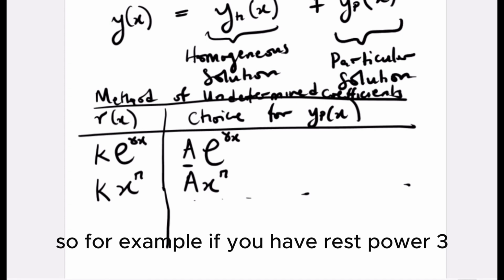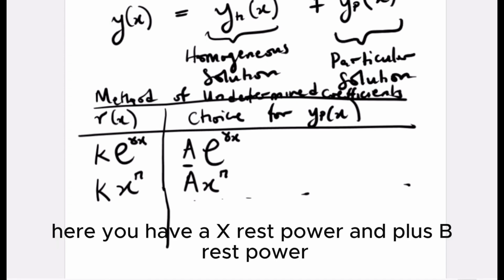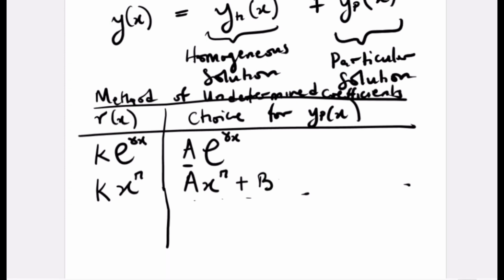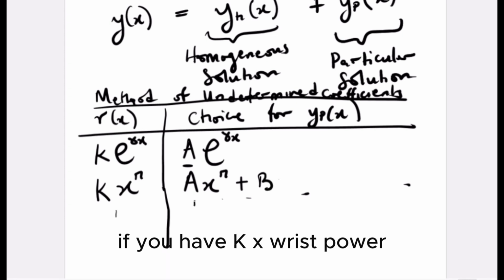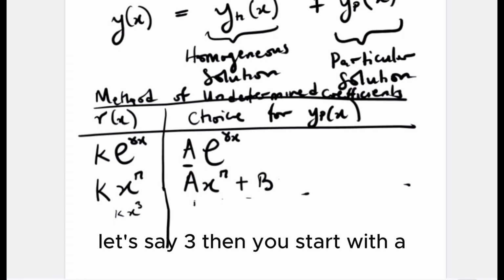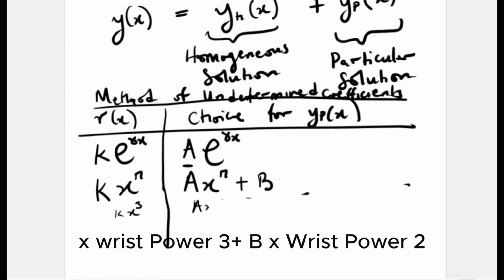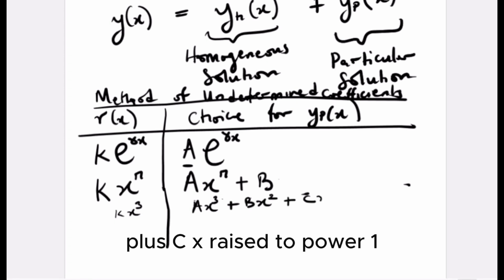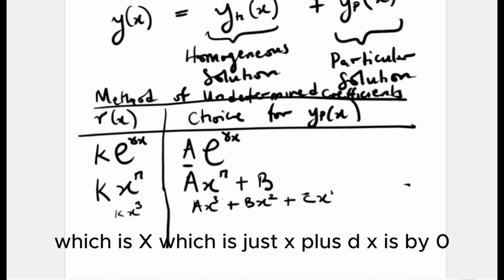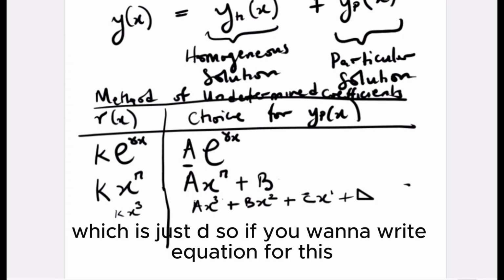For example, if you have k x raised to power 3, then you start with a x cubed plus b x squared plus c x raised to power 1, which is just x, plus d x raised to power 0, which is just d.